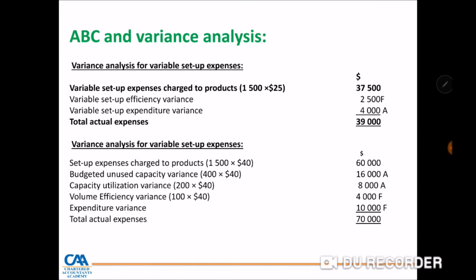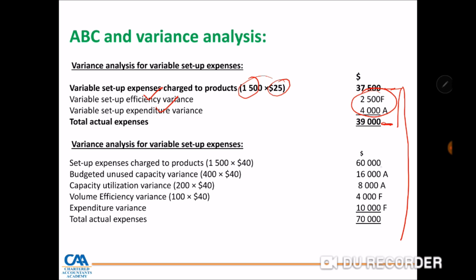So here, after having calculated these variances, I'm now saying variable setup expense charged to products was this at standard, and then the total actual expense is 39,000. I want to explain this difference. It could be due to efficiency, it could be due to expenditure, which is the whole purpose of analyzing why I'm having a variable overhead variance.